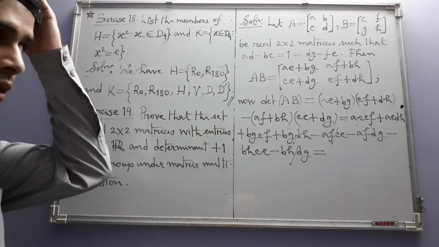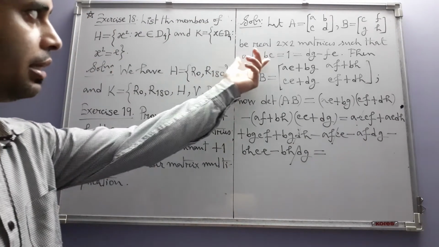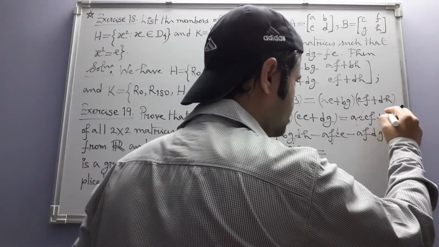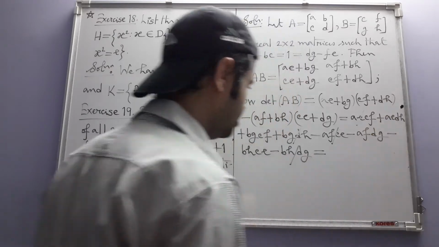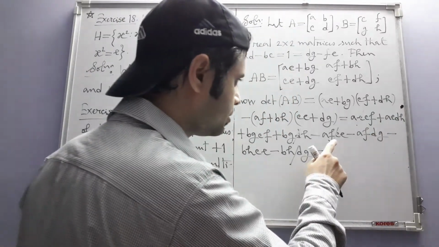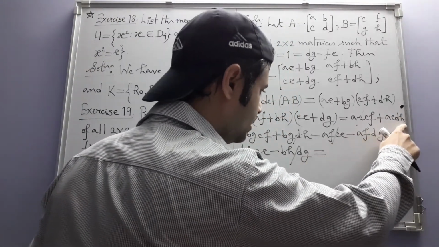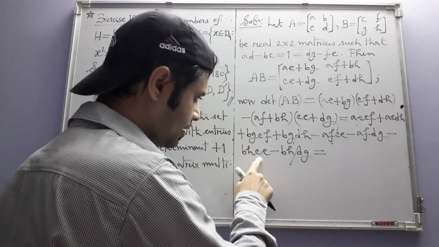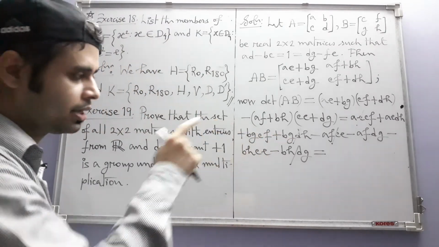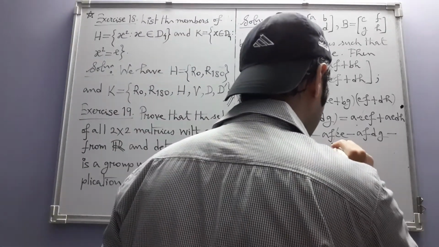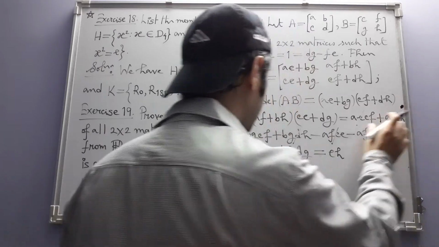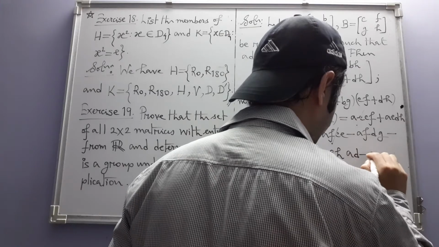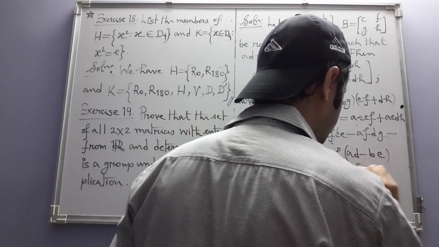Now from the remaining terms we try to identify AD minus BC. Note that in this term we have A and D, and along with that we have E and H. Here we have E and H and we have BC and there is a minus sign. So if we take EH common out from this term and this term, then we will have AD minus BC.